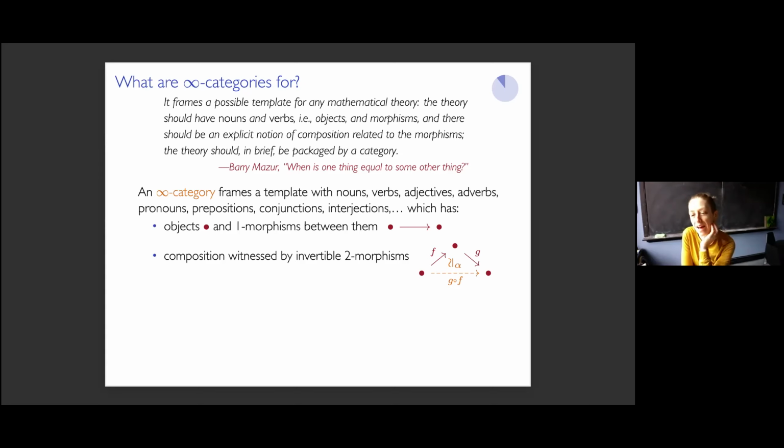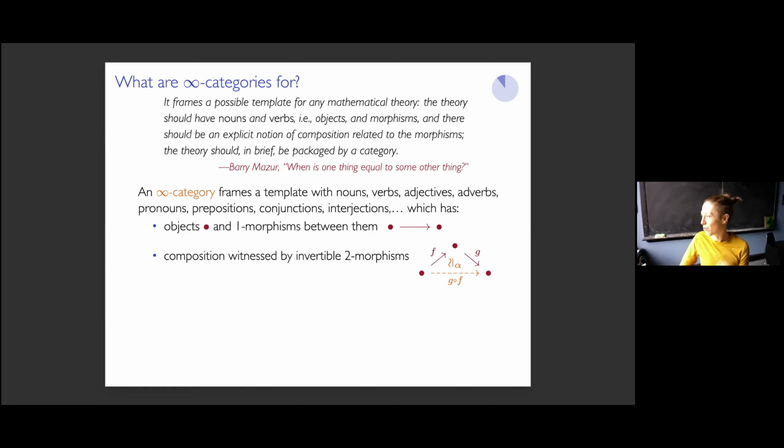So what I mean by that is in an ordinary category, we have a composition operation. If I have a morphism F and a morphism G, then there's a composite morphism G composed F. So in an infinity category, there will be many potential composites, always at least one, but in general, a contractible space worth of choices of composites.